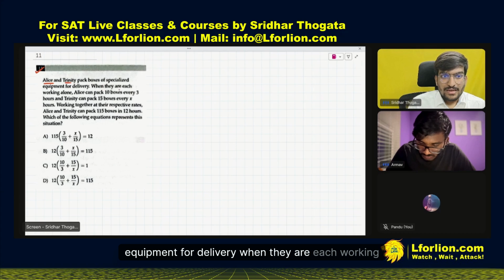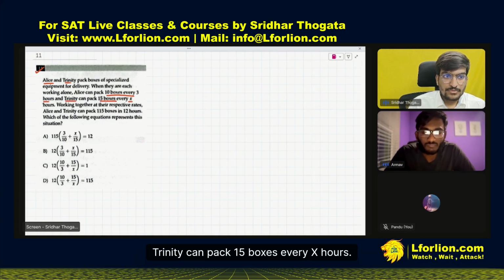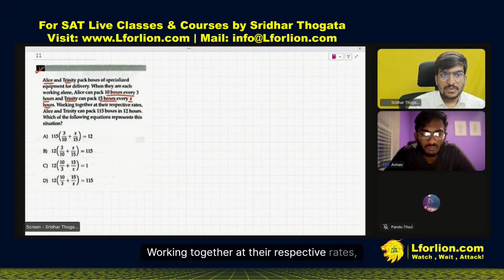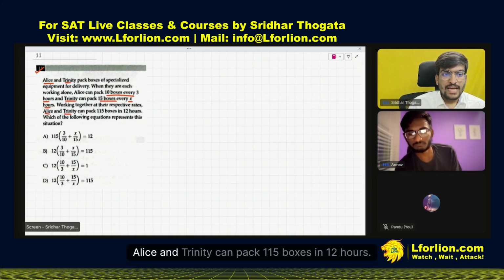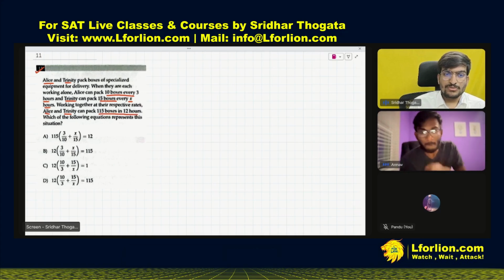Alice and Trinity pack boxes of specialized equipment for delivery. When they are each working alone, Alice can pack 10 boxes every 3 hours. Trinity can pack 15 boxes every X hours. Working together at their respective rates, Alice and Trinity can pack 115 boxes in 12 hours. Which of the following equations represents this situation? So easy.